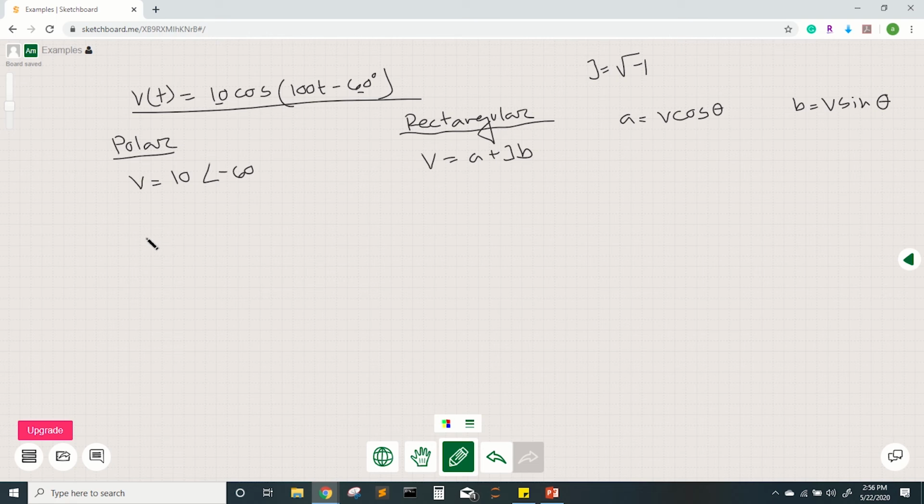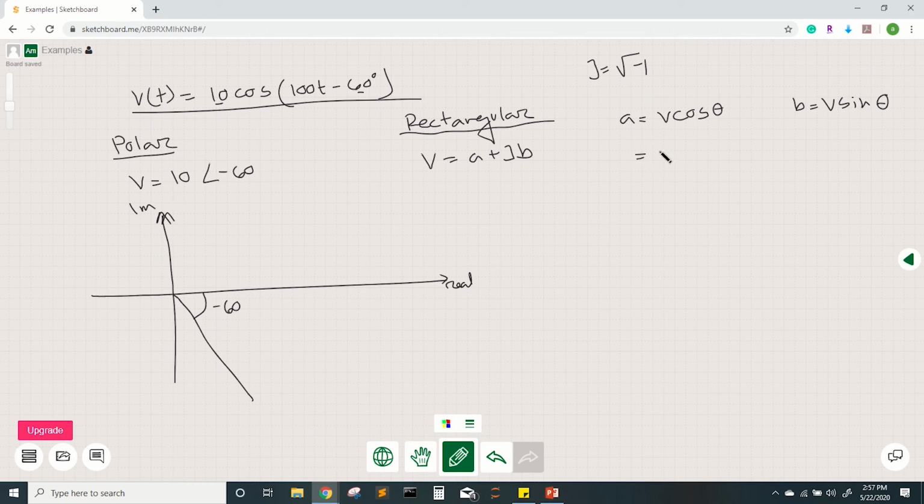If we want to draw this signal, this is minus 60 degrees, with the real axis and imaginary axis. So we are going to calculate this V cos theta.